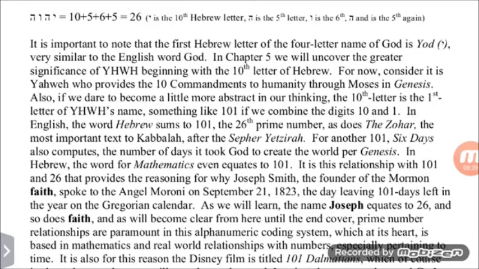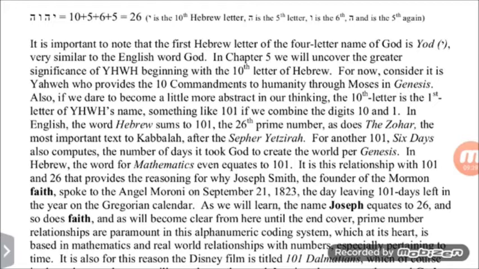In English, the word Hebrew sums to 101, the 26th prime number, as does the Zohar, the most important text to Kabbalah after the Sefer Yetzirah. 6 days also computes to 101, the number of days it took God to create the world per Genesis. In Hebrew, the word for mathematics even equates to 101.